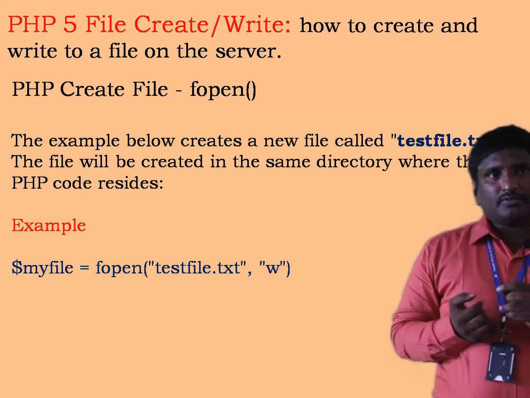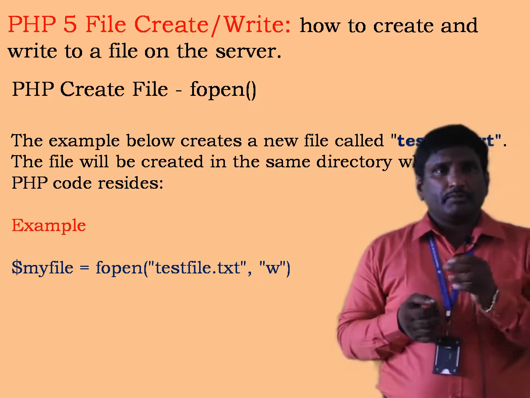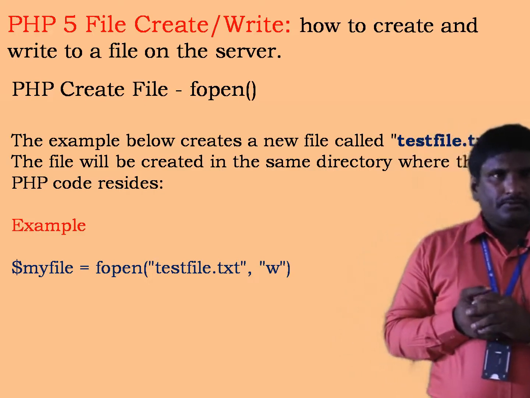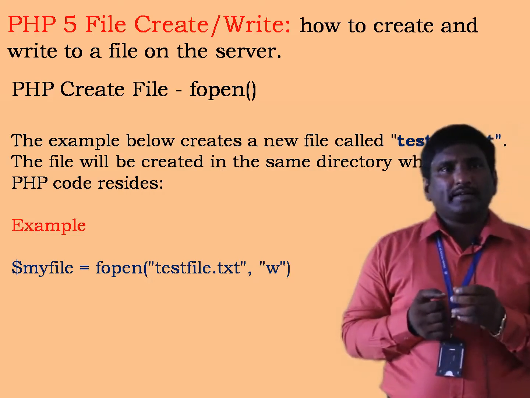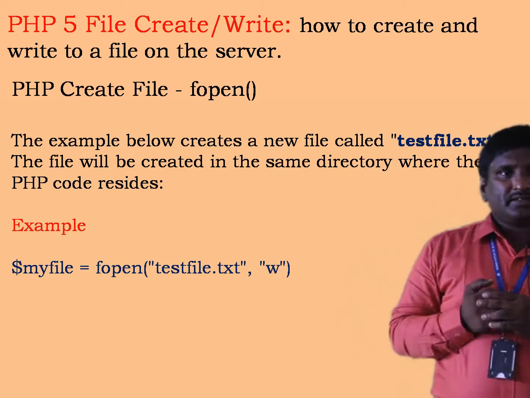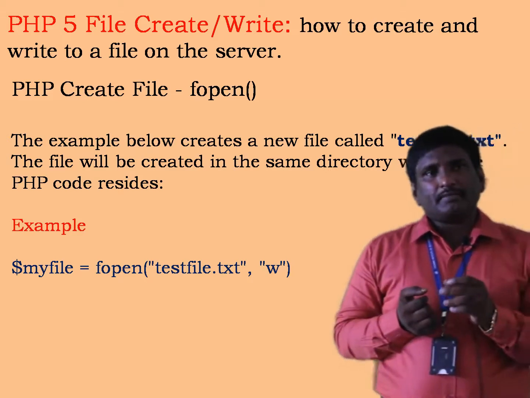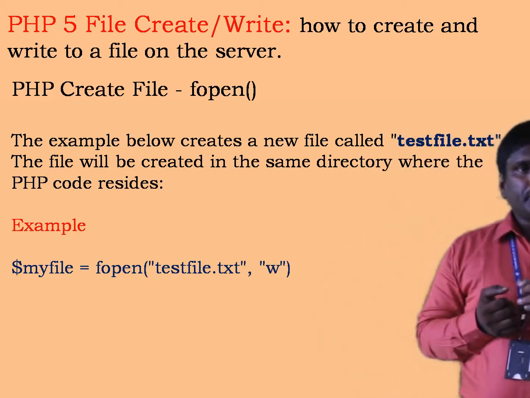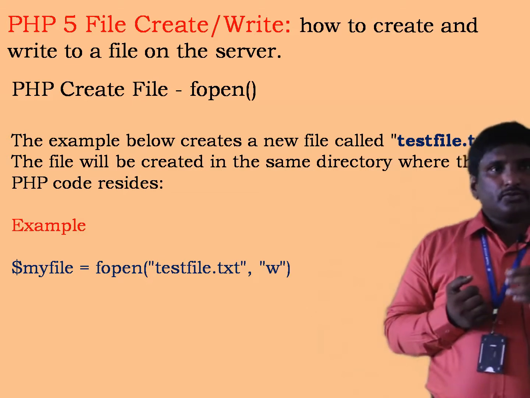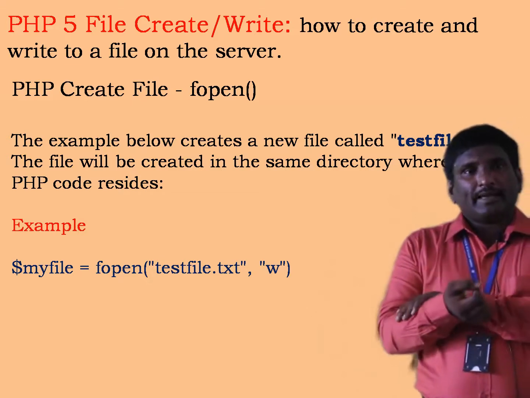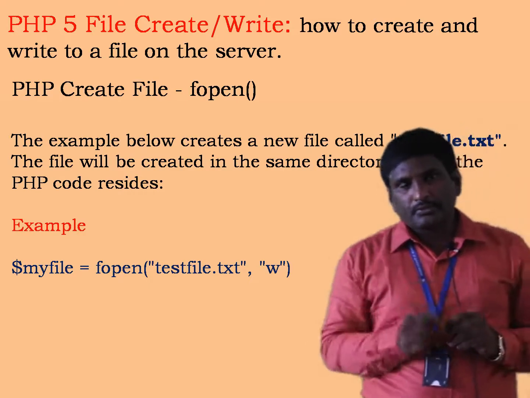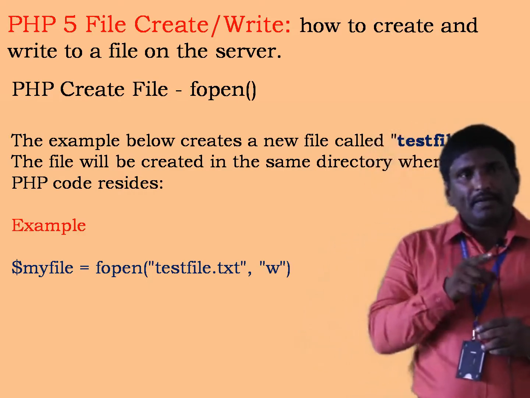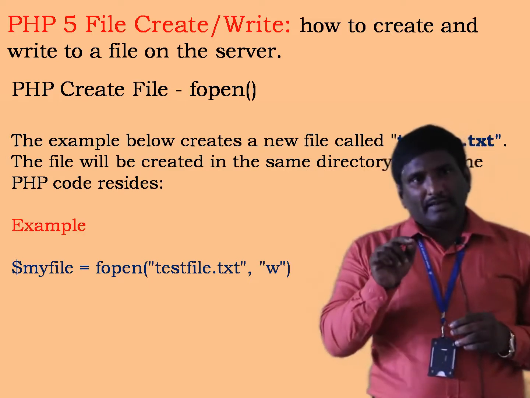For that, first we need to use fopen. This example below creates a new file called testfile.txt. The file will be created in the same directory where the PHP code resides. Here I fopen testfile.txt with the mode W. Earlier we opened with mode R, read only.